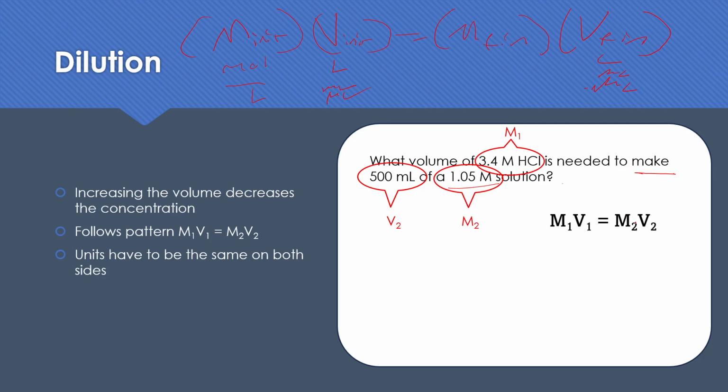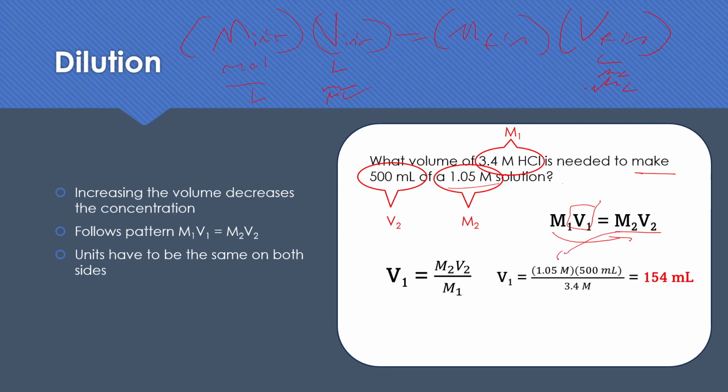So if M1V1 equals M2V2, then rearranging to solve for V1, V1 is equal to M2V2 over M1. So 1.05 molar is my M2, V2 is 500 milliliters, divided by 3.4 molar. Molarity cancels, and you get your answer in milliliters.